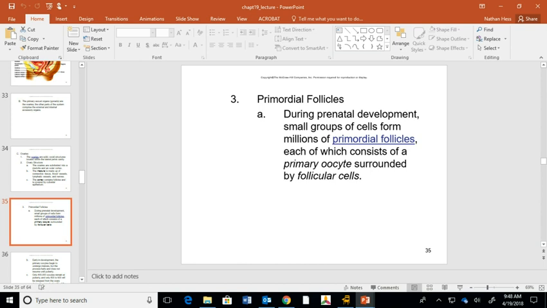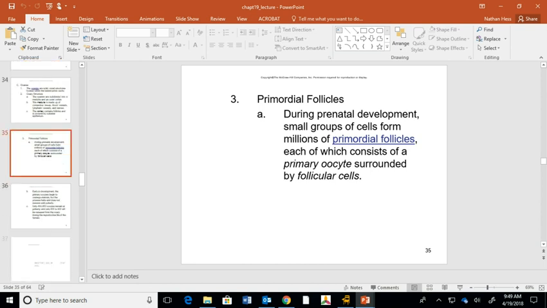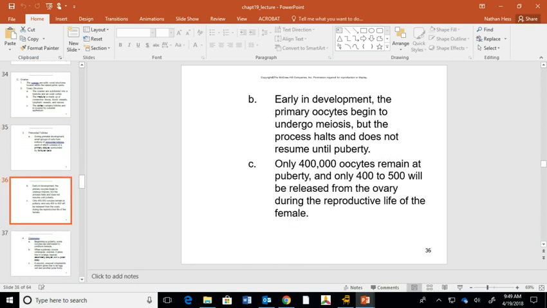And those follicles have an oocyte, that's the actual egg, that is surrounded by these follicular cells. And as we'll talk about, both of these are very important. The egg obviously is important, it's the egg, but the follicular cells actually play a huge role in this reproductive system. So early in the development, that primary oocyte undergoes meiosis, right?